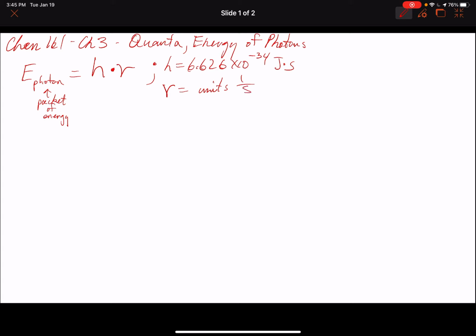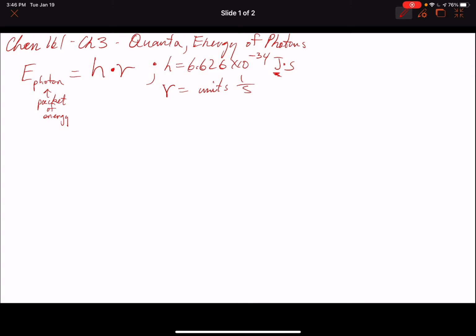So you can see here that the product of Planck's constant and frequency in 1 over the second would leave us only with the joules part to give us the energy of a photon. Okay, so this is the energy associated with a single packet of energy, that is a quantum model for energy coming from objects, including an atom.